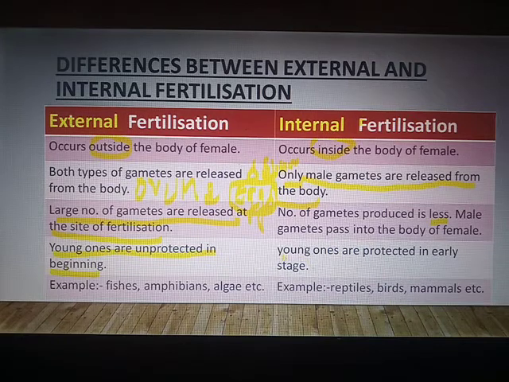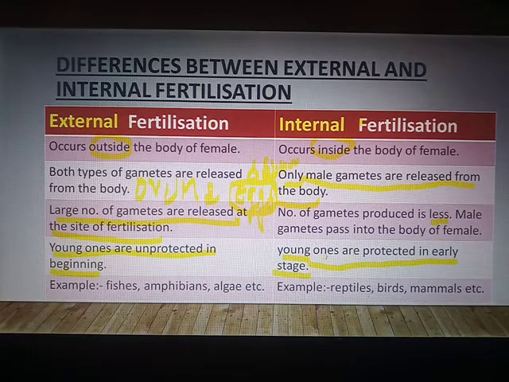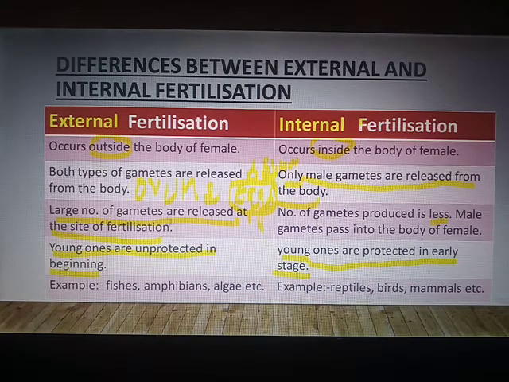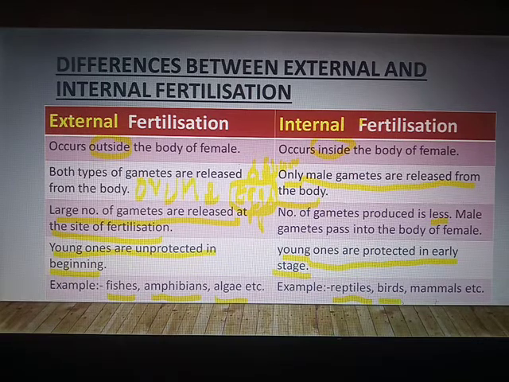But in internal fertilization, young ones are protected in the early stage because they are protected inside the womb or uterus of the female. Clear? Students, external fertilization occurs in fishes, amphibians, algae, etc. And internal fertilization occurs in reptiles, birds, mammals, etc.